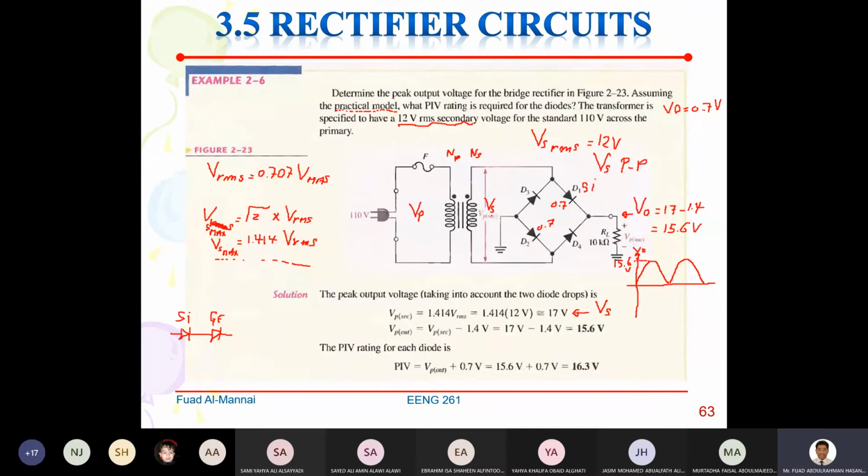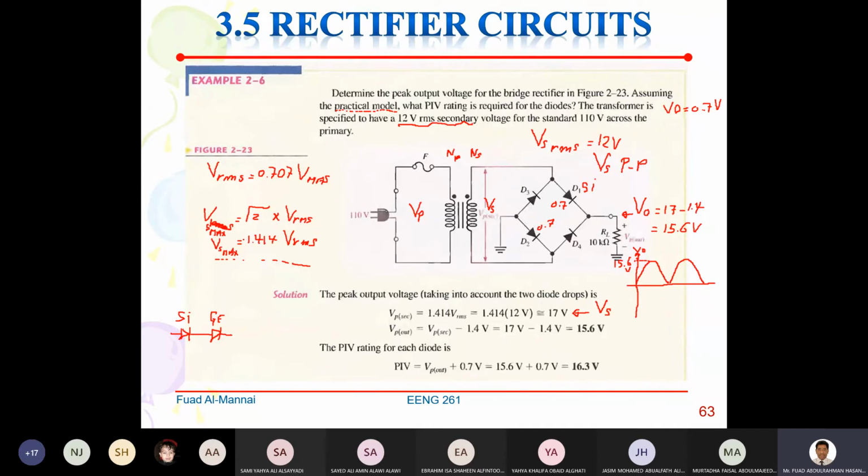So how are we going to convert the RMS into the peak value? We want VS max. To do that, we know that VRMS is equal to 0.707 Vmax. Therefore, to calculate Vmax, I multiply the VRMS by √2, or divide by 0.707.